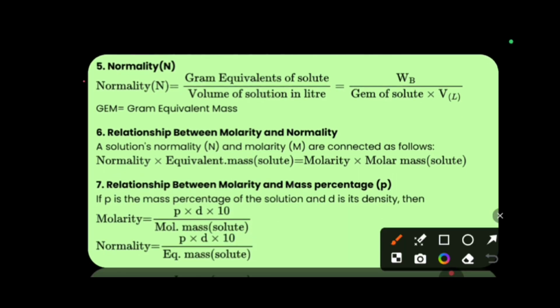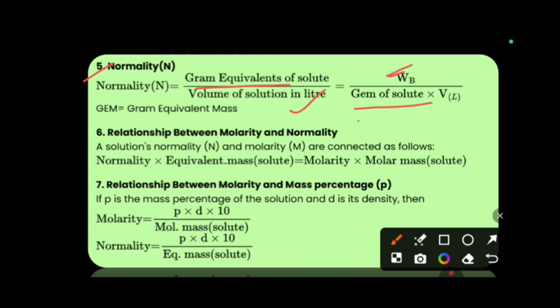Your next term is normality. What is normality? In molarity and molality, we have taken the moles of solute, but in normality, you take the gram equivalent weight of the solute divided by volume of solution in liters. Gram equivalent weight is equal to given mass of the solute divided by molar mass of the solute.